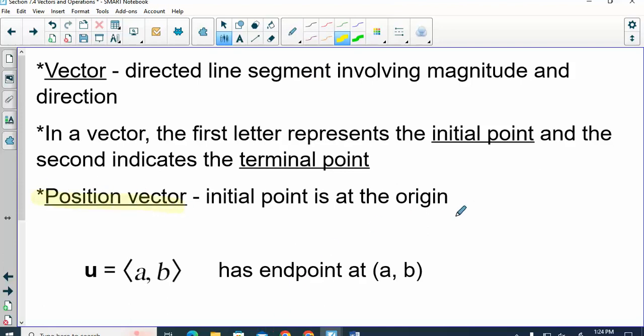In those, we're just assuming that you start at the origin, and so the vector itself is giving an endpoint. Vectors are typically named with just a lowercase letter, but in bold. And it's kind of like an ordered pair, but instead of parentheses, it has that bracket looking thing.